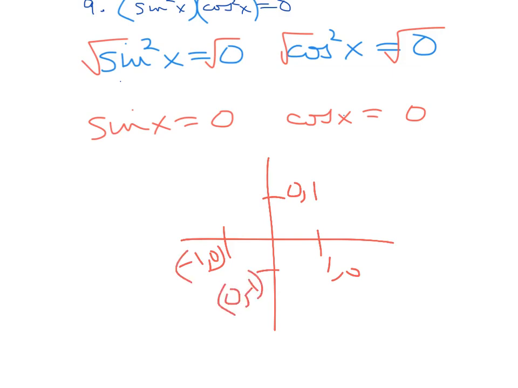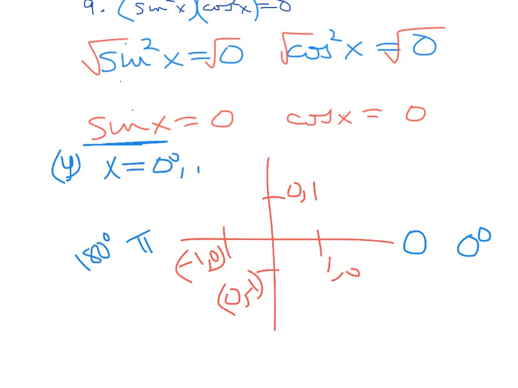So for the sine, I'm looking for the y to be 0. So that's going to be 0 and pi, or 0 degrees, 180 degrees. For that one, degrees, it's that. And if it's radians, it's that.